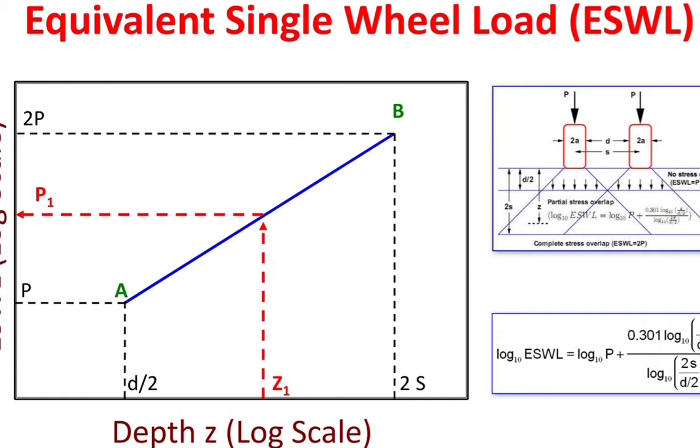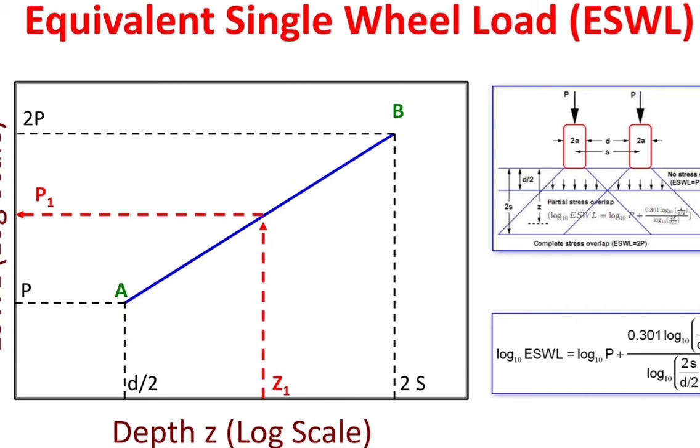So here the 2 points A and B are plotted on a log graph with the coordinates as I mentioned, A as P, d by 2 and B as 2p, 2s. This line AB is a plot which is the locus of points where any single wheel load is equivalent to a certain set of dual wheels.